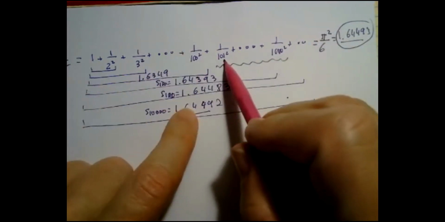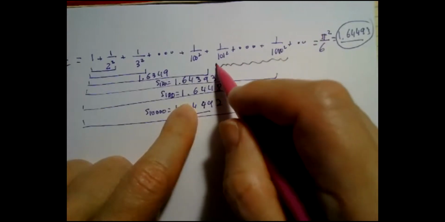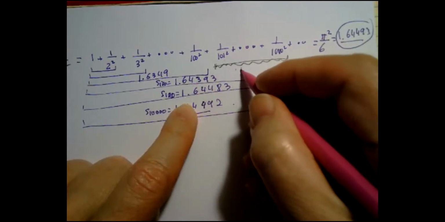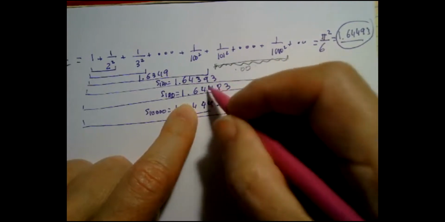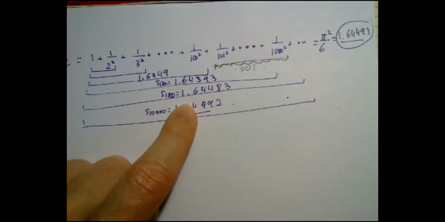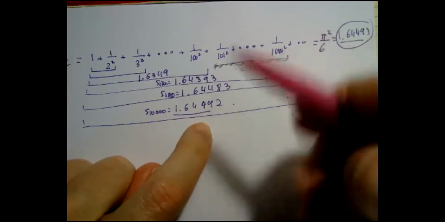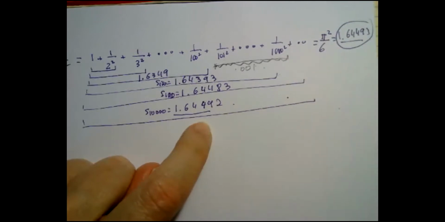Between them is the 100th term to the 1,000th term, and look how small it is, almost 0.001. That's why the series converges: when we start adding those numbers at the end, they are very, very tiny. Otherwise, the series would diverge.